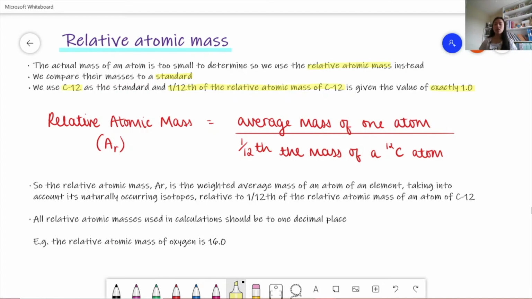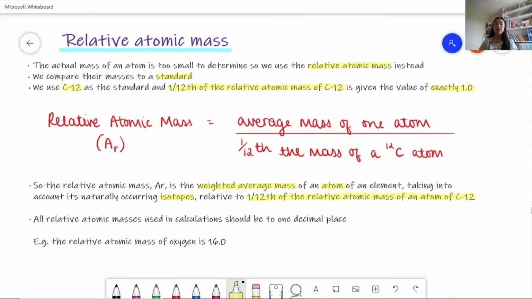So in words, the relative atomic mass, or the AR, is the weighted average mass of an atom of an element, taking into account its naturally occurring isotopes, relative to 1/12 of the relative atomic mass of an atom of carbon-12.